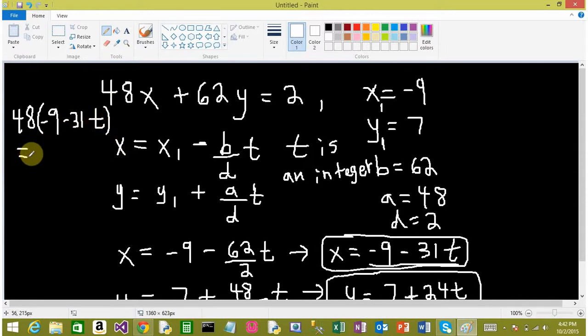You might want to get your calculator out to crunch these numbers. So 48 times -9 is -432, minus 48 times 31, 1488t.